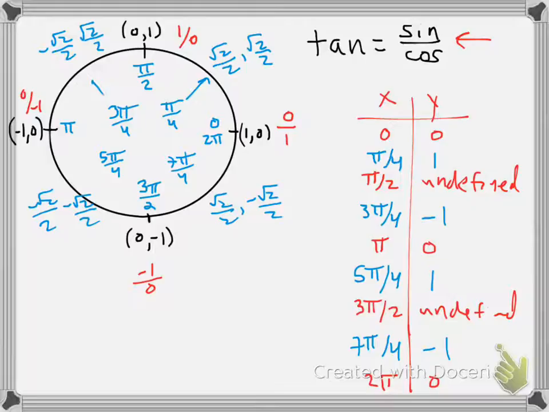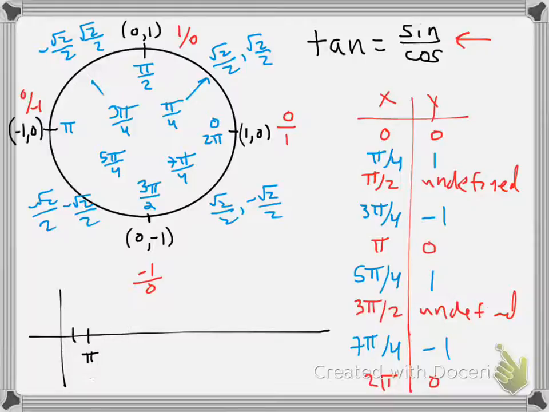So let's plot that out. Zero, pi over 4, pi over 2, 3 pi over 4, pi.